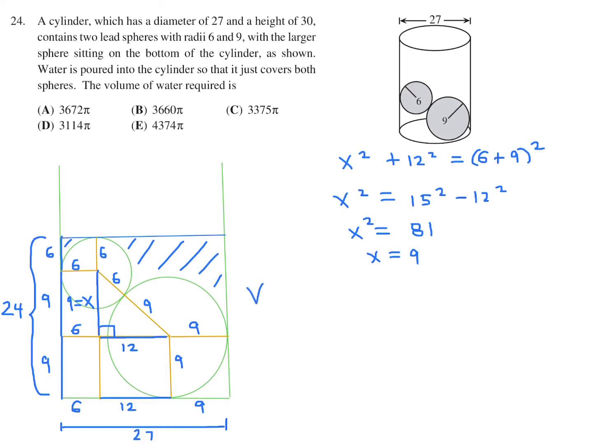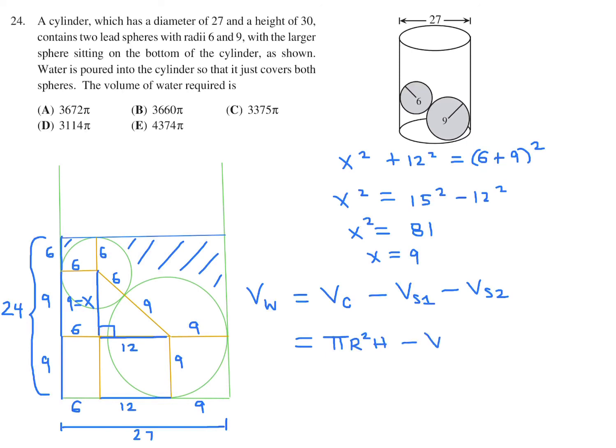So we'll do that here. Volume of water, VW, is equal to the volume of the cylinder minus the volume of sphere 1 minus volume of sphere 2. And that should do it. So the volume of the cylinder is pi r squared times height.